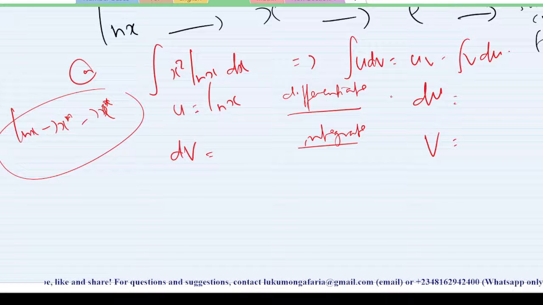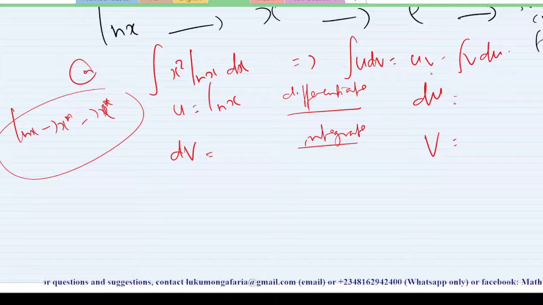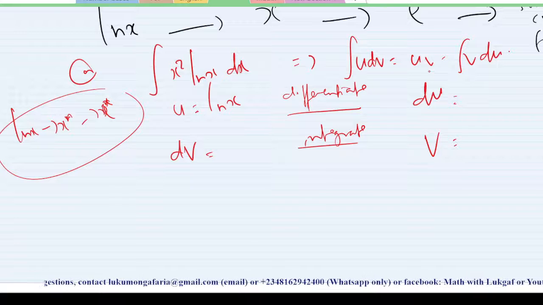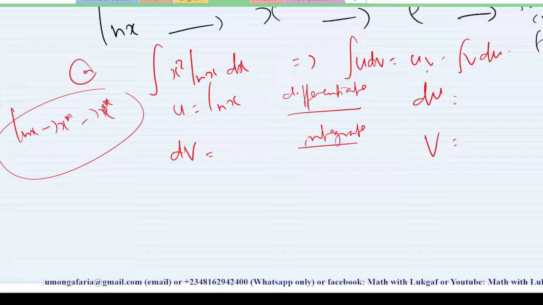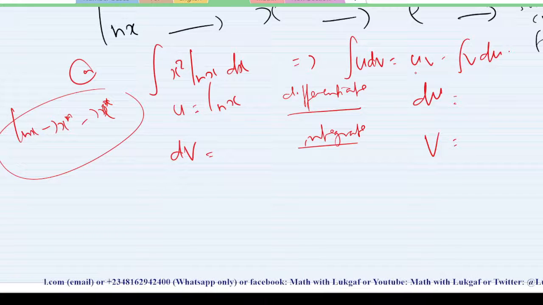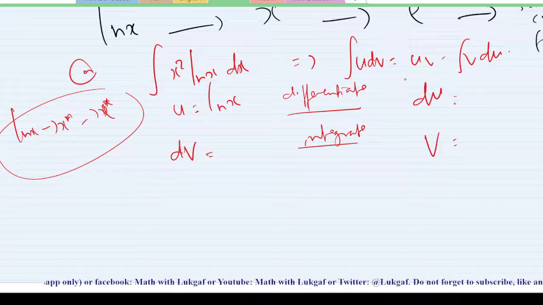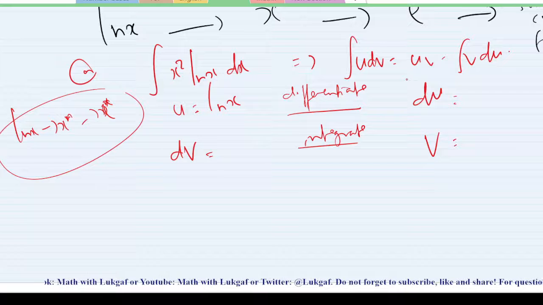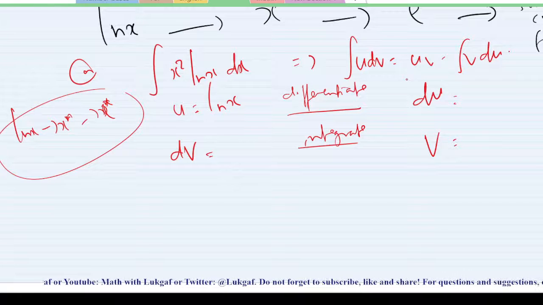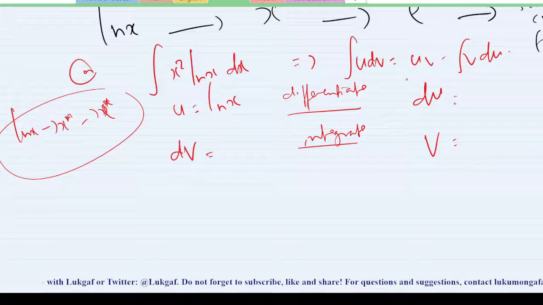So it is advisable to use ln x first because you can easily find the integral. You understand now? For example, if you have your integral in terms of e raised power 2x, it will be repeating itself. So it is not advisable to take that when you have ln x.